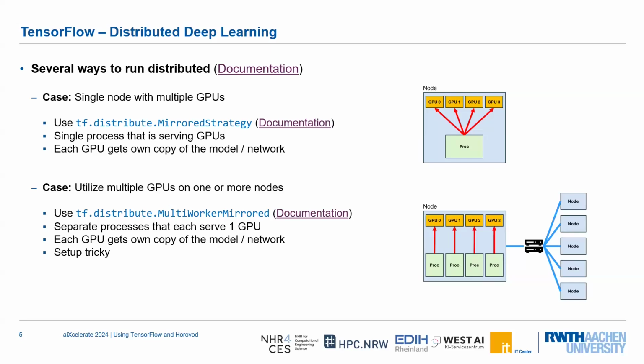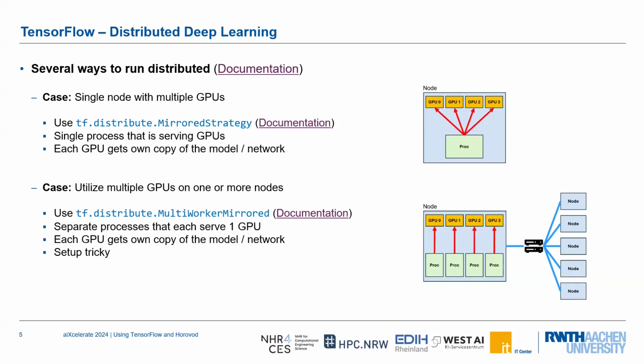I also linked the documentations if you are interested in that. So basically you have separate processes per GPU, and these can also extend beyond the limit of one node. So the setup is a little bit more tricky. We will see that in a second. So these are the two cases that are TensorFlow native.